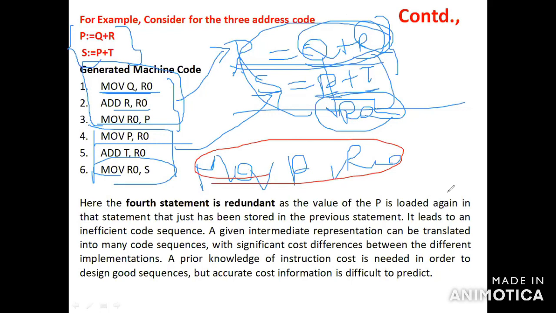The fourth statement is redundant because the value of P is loaded again in that statement, though it has just been stored in the previous statement. This leads to an inefficient code sequence.